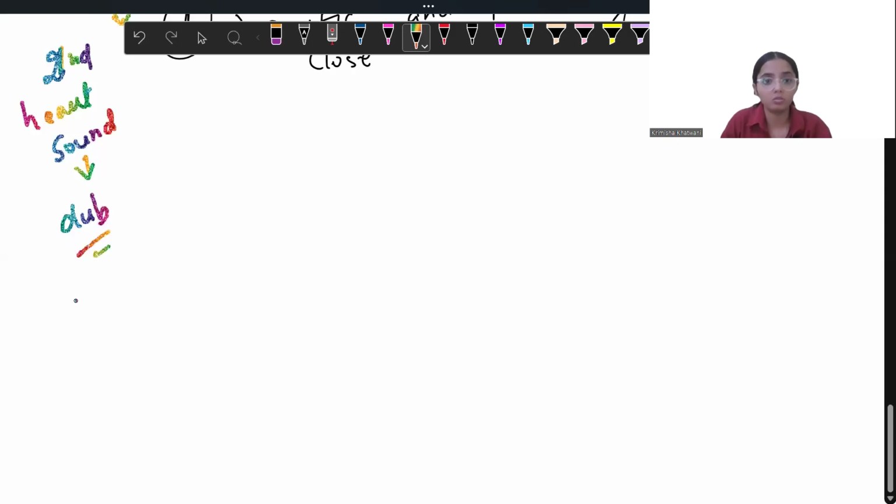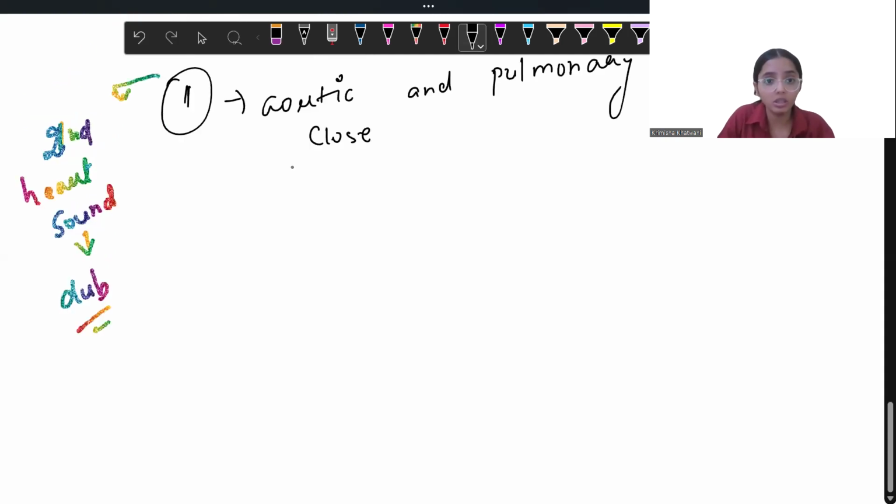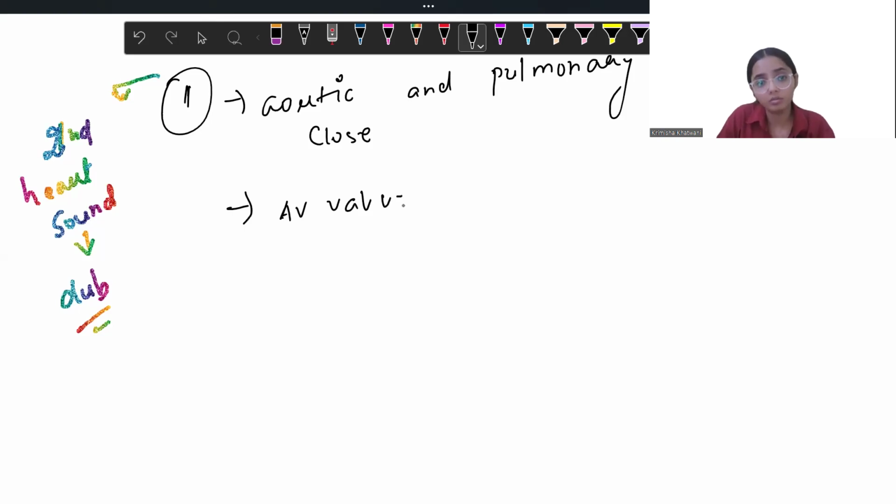So now, this is the first thing. The second thing which occurs during isovolumetric relaxation is, the AV valves remain closed.